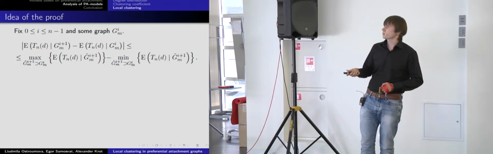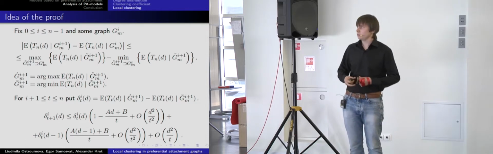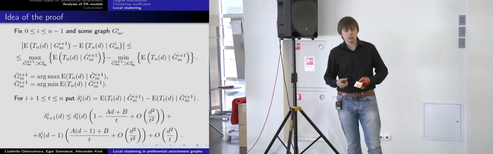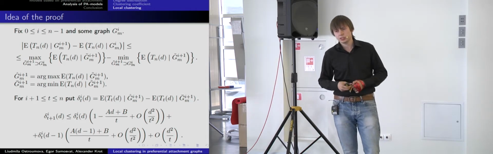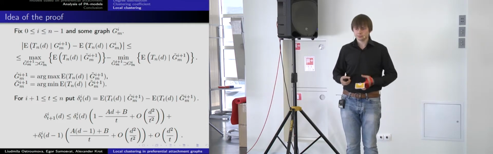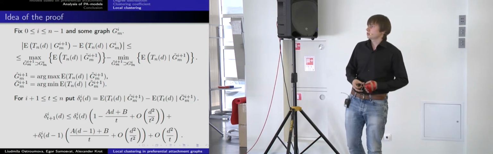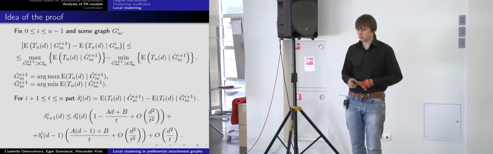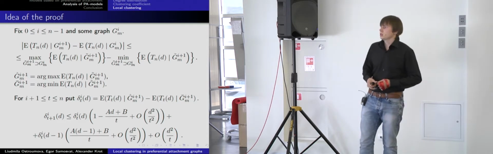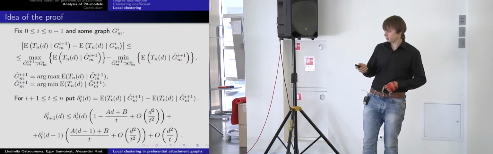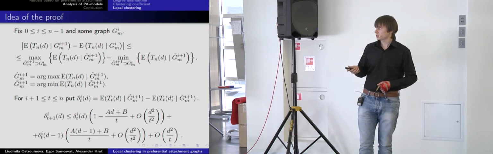And it's quite clear, because as I mentioned before, we have a recurrent formula for the expectation of the number of triangles on the vertices of degree d. And if we take the difference between two such recurrent formulas, we can estimate the error, and it's quite clear that we can get the result.